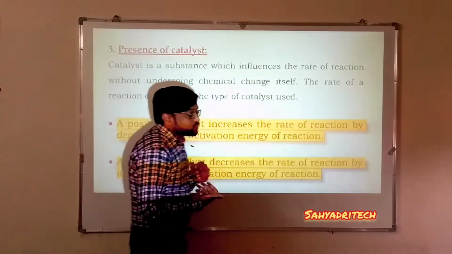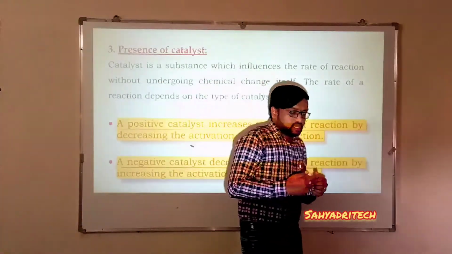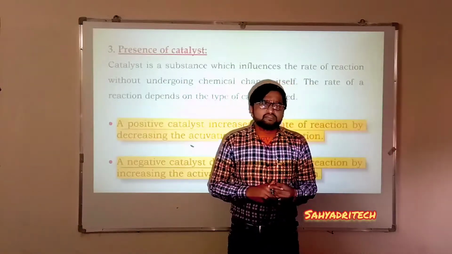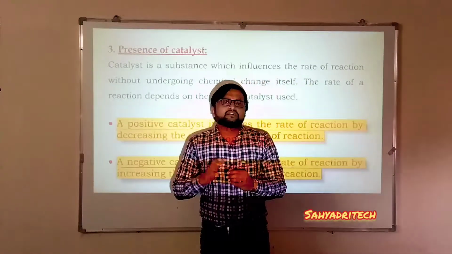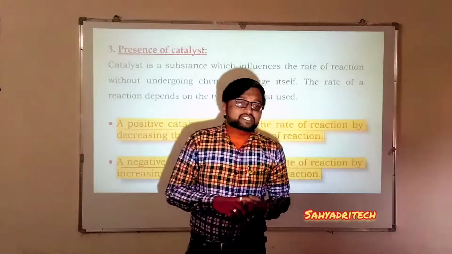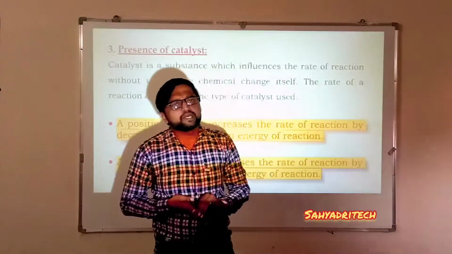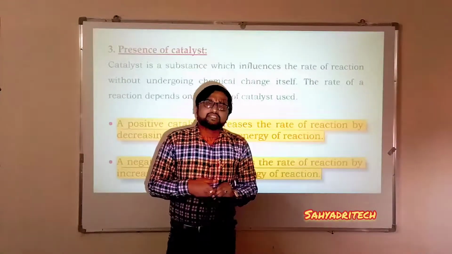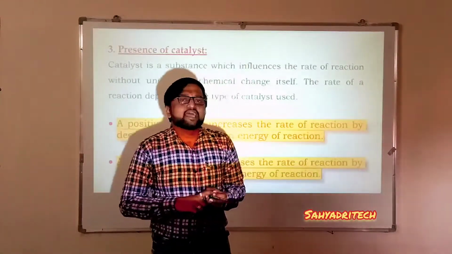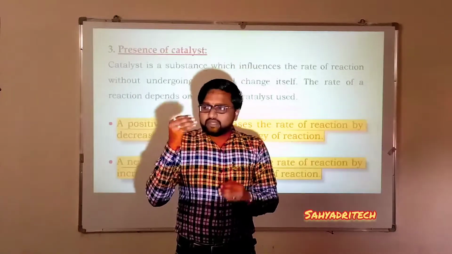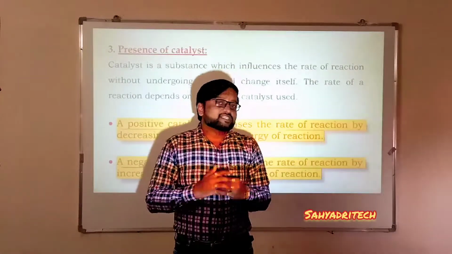Well, how is it going to increase or decrease? Generally, how a catalyst is going to alter the rate of a reaction: all chemical reactions are associated with an energy barrier. Those are named threshold energy and activation energy. So now, what is the role of a catalyst in a reaction?